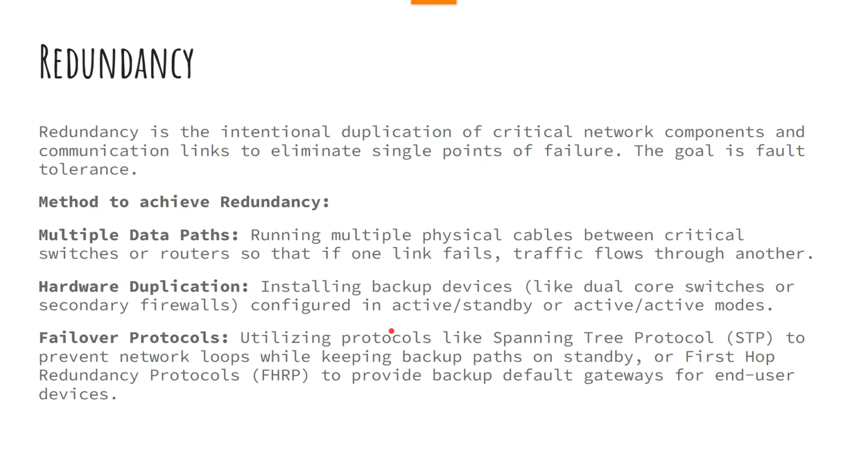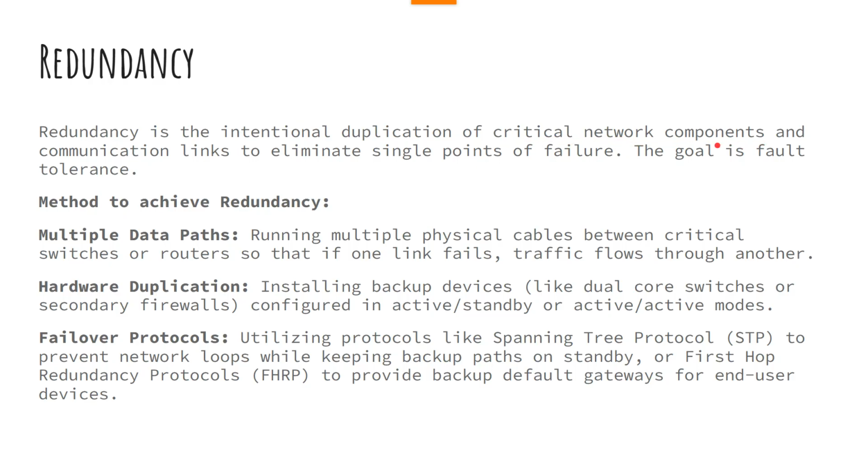Now going to the next thing, that is redundancy. Scalability is one factor which is important. Redundancy is the next factor which is important. Redundancy is the intentional duplication of critical network components. Now mark here, critical network components.